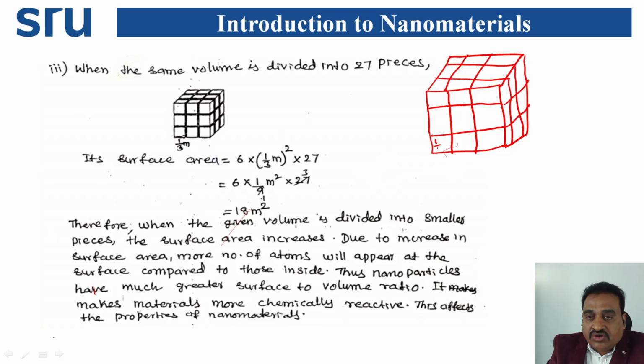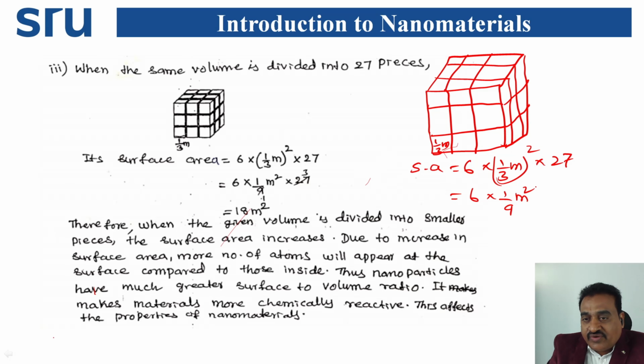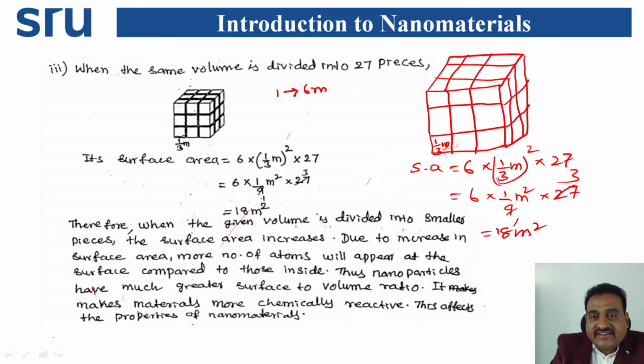Each piece is 1/3 meter. So the surface area is equal to 6 into 1 by 3 meter whole square into the number of pieces, 27. So 6 into 1 by 9 meter square into 27. 9 ones are 9, 9 threes are 27. So 6 into 3, 18 meter square. Try to understand: for one piece this is 6 meter square; divided into 8 pieces it is 12 meter square; divided into 27 pieces it is 18 meter square.